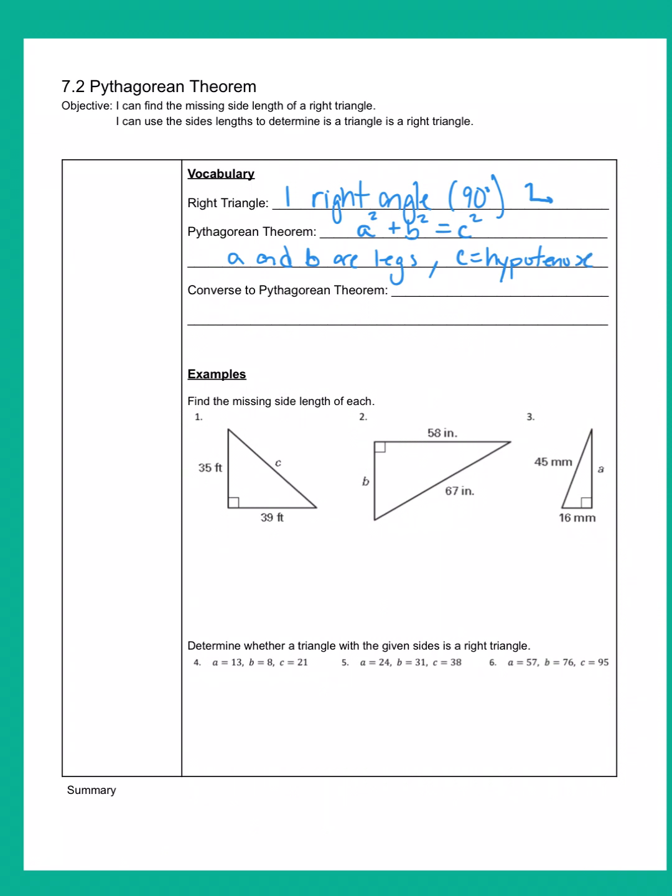Remember, the hypotenuse has to be the longest side. To make sure that it's the longest side, it will always be across from the right angle.